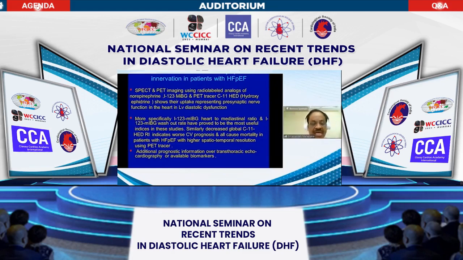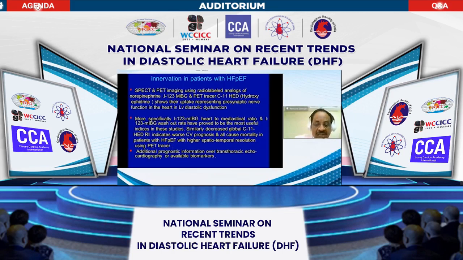More specifically, the iodine 123 MIBG heart to mediastinal ratio, which I'll show you, and the iodine 123 MIBG washout rate. These are the 2 parameters which have proved to be the most useful indices in this study. Similarly, decreased global C11 HED retention index indicates worse cardiovascular prognosis. That means you can do a prognostic study: worse cardiovascular prognosis and all-cause mortality in patients with HFpEF.